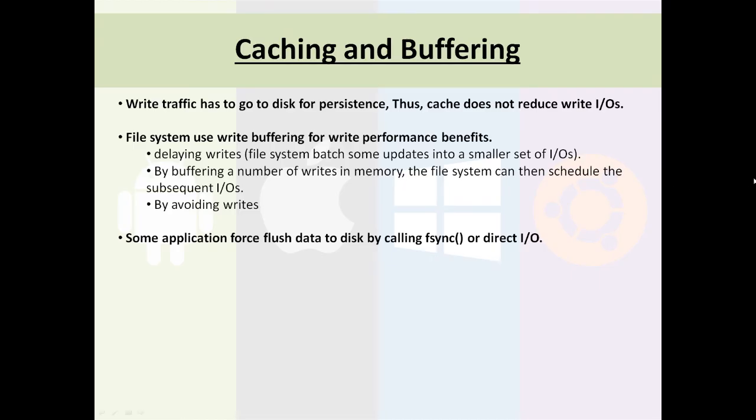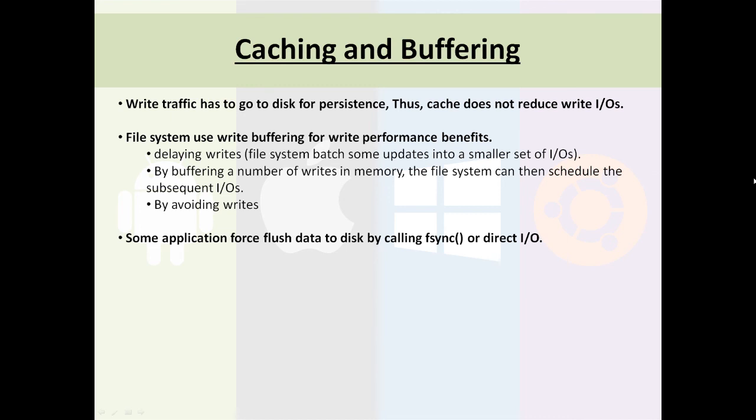So caching handles the reading, right? But what about the writing? Well, write traffic has to go to the disk for persistence to be a fact. Thus, the cache does not reduce the number of write input outputs. Therefore, file systems use write buffering to increase write performance. What this means is they delay writes to the file system and do it in a batch.